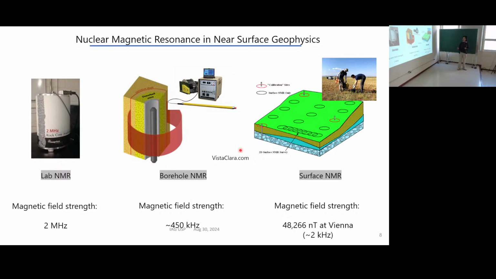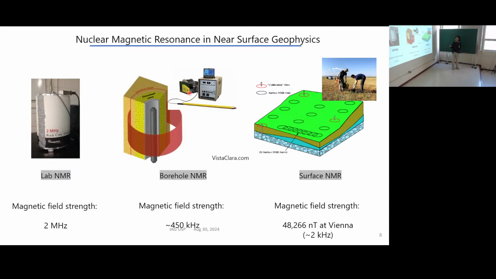And we can also have the borehole tools, and I think many of you probably have heard about this before. This is a tool that we're trying to get here from Vienna. So this is going to be exactly the setup you're going to see when it arrives here. This tool is basically a probe. This probe has internal magnets, and these internal magnets serve as the background magnetic field B0.